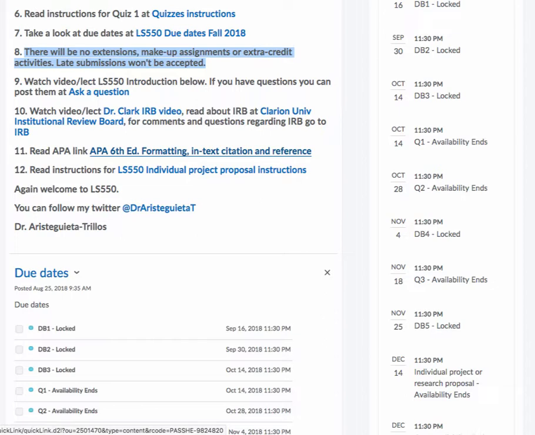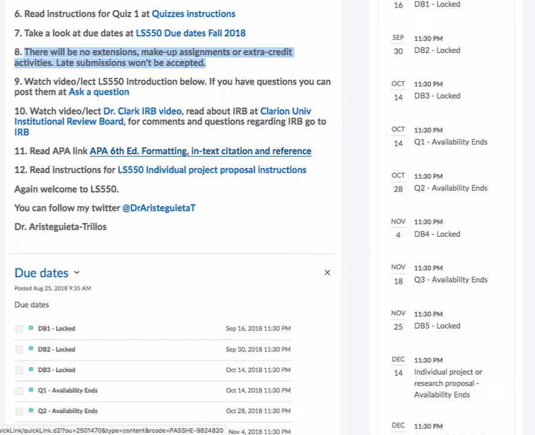Also, this class is very important for those who like to do research and collect original data, or if you're going into a PhD program or doctoral program, you need to know about the research traditions. So for this class, and all my classes are the same, you have to know APA. If you don't know, please study it.